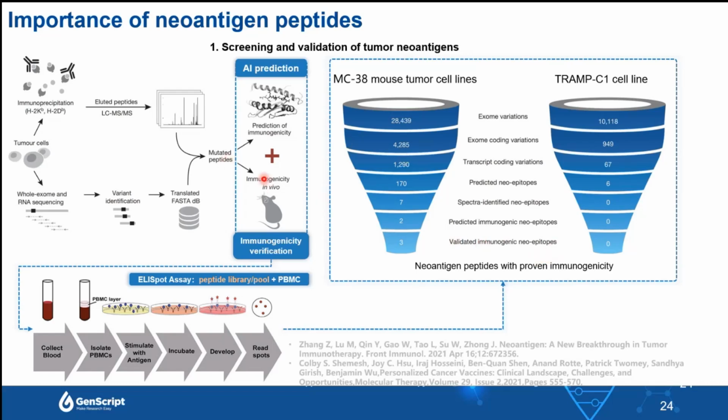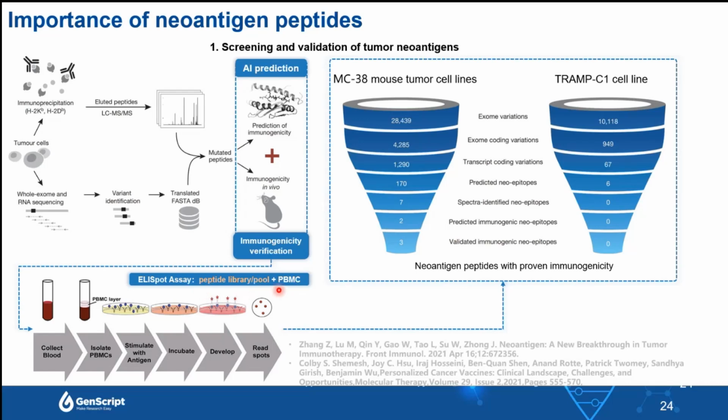So during this screening and validation process, an important material is neoantigen peptides, because we need the peptide library or a mixture of the neoantigen peptides to incubate with the PBMC.